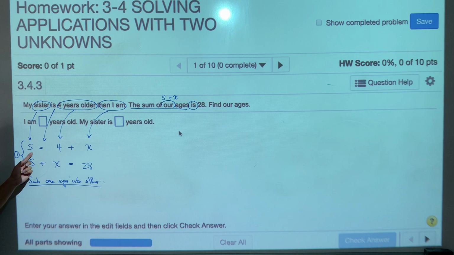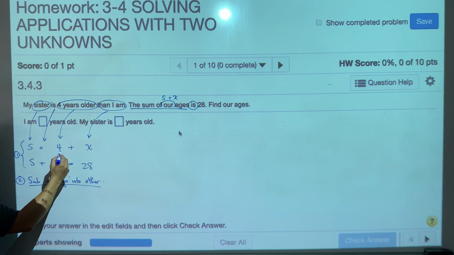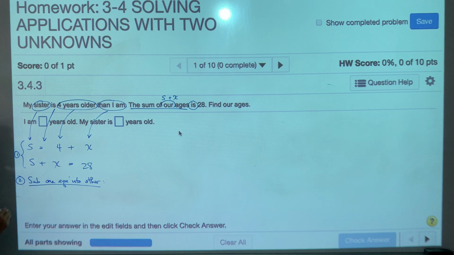Because this first equation says that S is 4 plus X. In other words, I could take 4 plus X right here and put it in for S, couldn't I? S is equivalent to 4 plus X. So I could take an S in the other equation and plug in 4 plus X. You guys follow me?